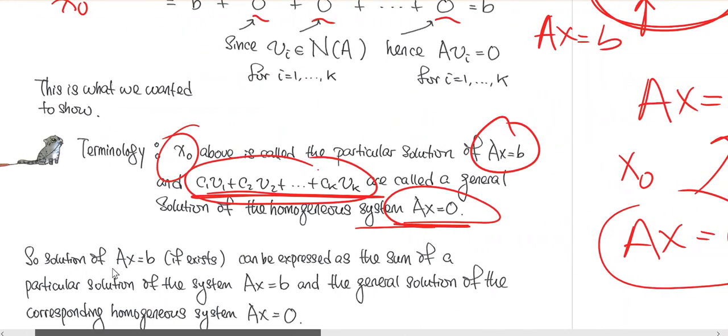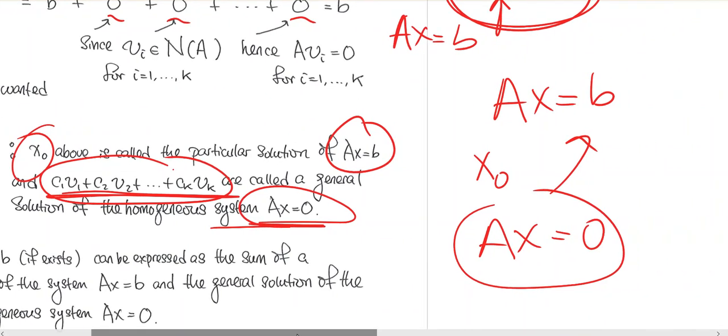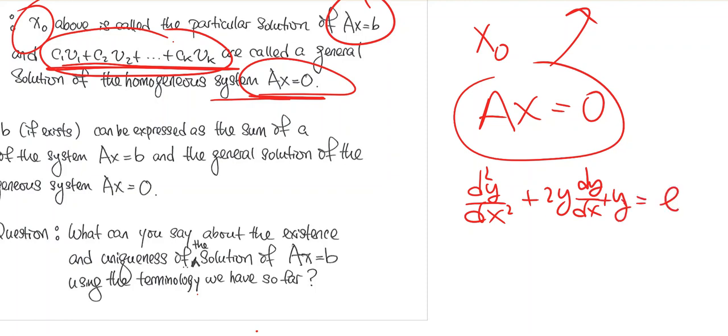But before we look at the implications, I just want to say a little bit for those who have taken 252 differential equations. You have heard of this terminology before. Let's say you want to solve d2y/dx squared plus 2 dy/dx plus y equals, let's say, e^x.